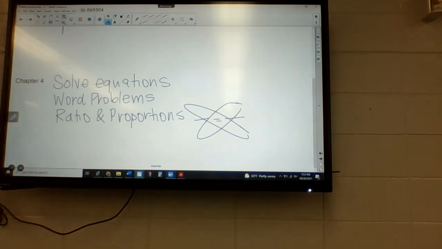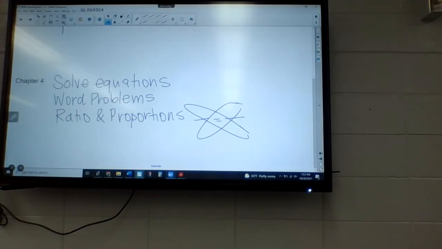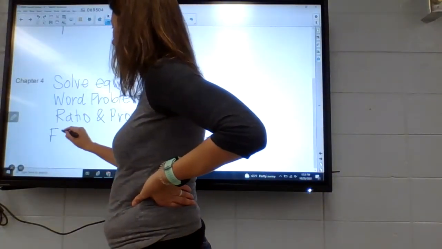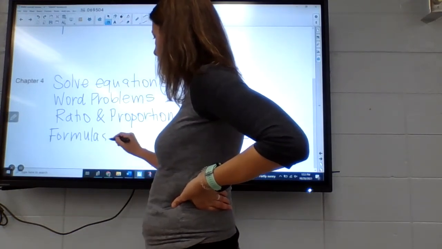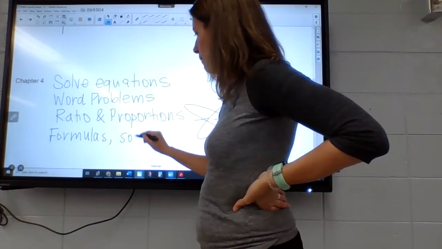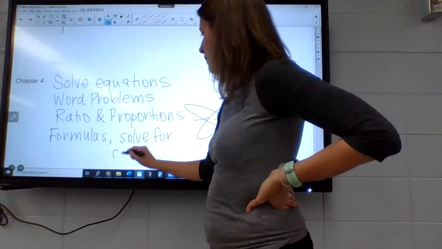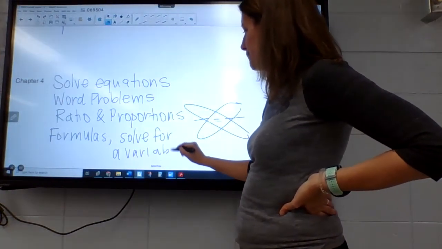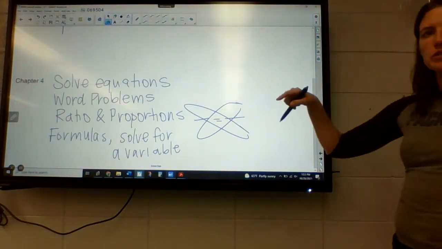And then we did some formulas or equations where we had to solve for a particular variable. I might just show you a quick example of that because that's a common confusion and it goes through all the rest of this.